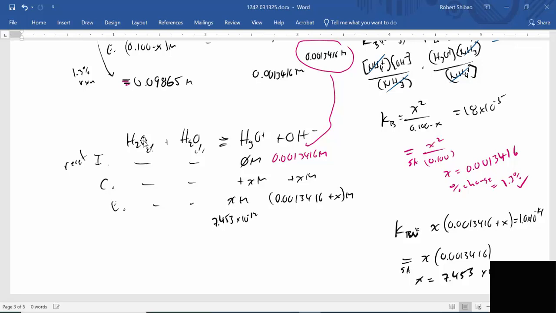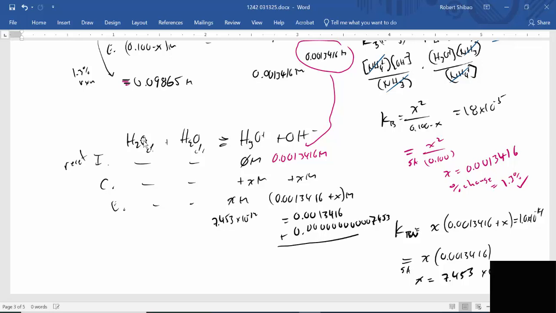And then the hydroxide is going to equal 0.0013416 plus, okay, how many zeros do I need? I need 11 zeros. So 1, 2, 3, 4, 5, 6, 7, 8, 9, 10, 11, 7, 4, 5, 3.